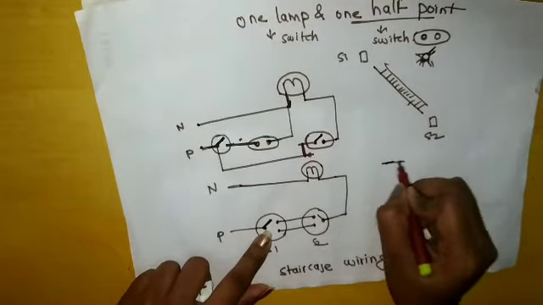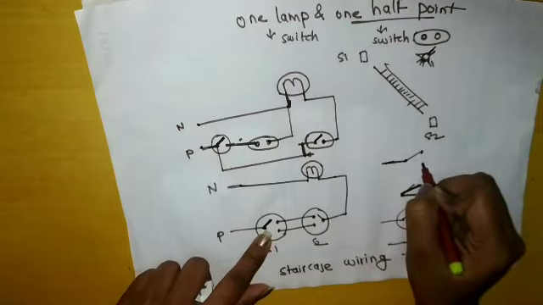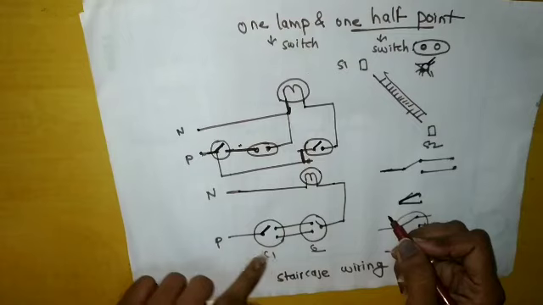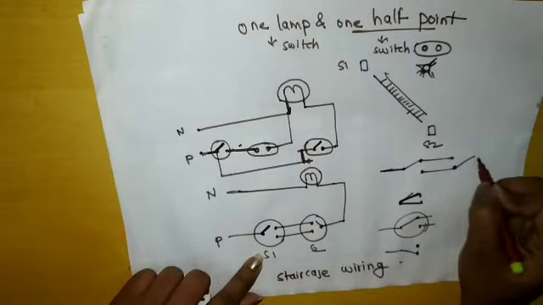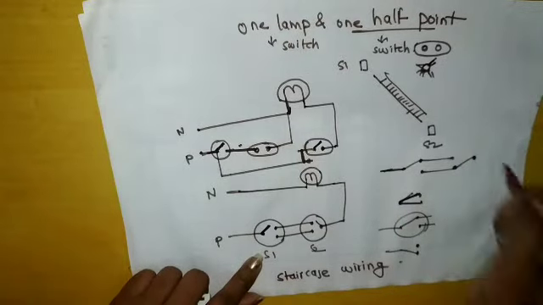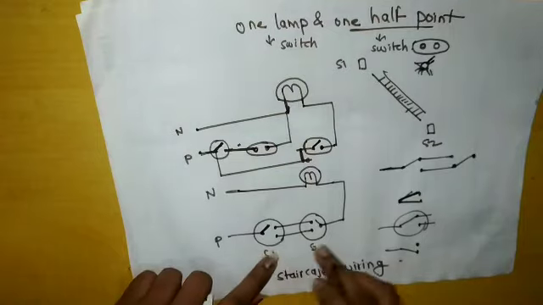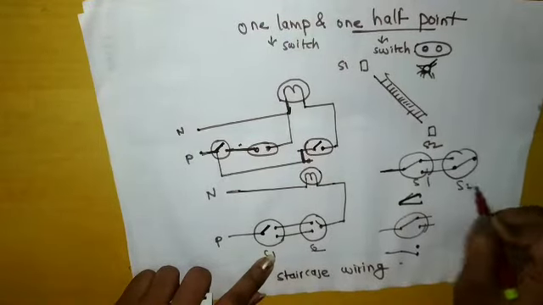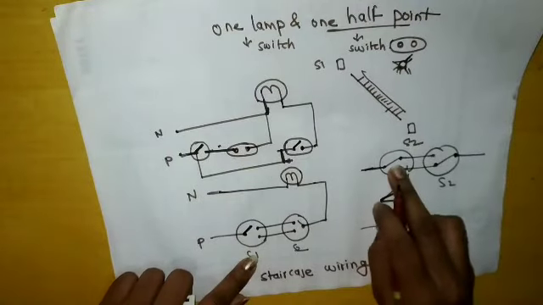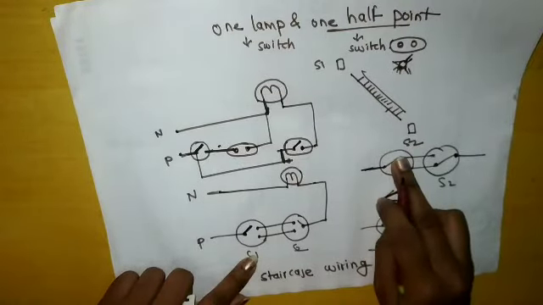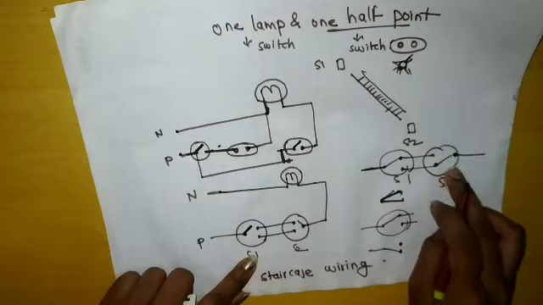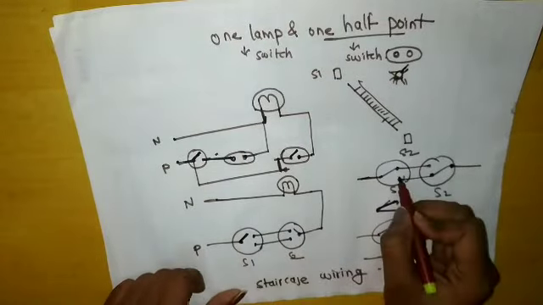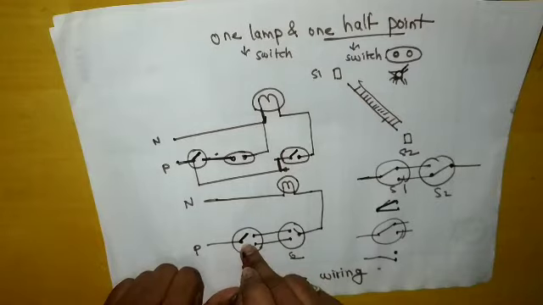The first switch S1 is in this position, and the second switch S2 is in this position. Now the person will come here and he will turn it on or off.